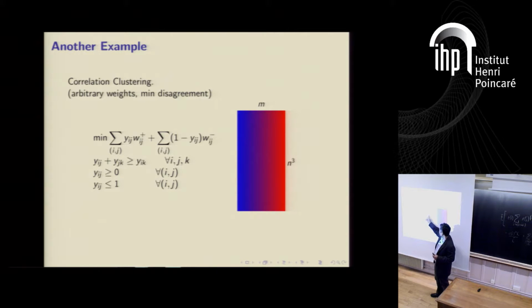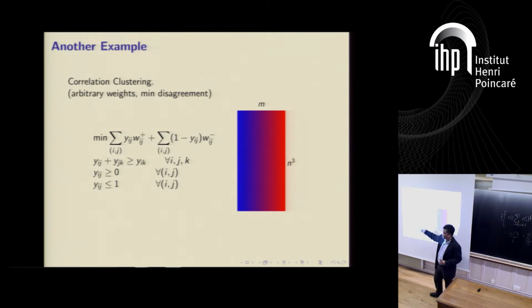On the other side, if y_ij is 0, that means you're not cutting this edge, and it's a negative edge, then that's a penalty for you. At the same time, if y_ij is 1, then you're cutting this edge, and it's a negative edge, and you don't care. So that's the objective function. Now, how do you represent a cut? It's very simple.